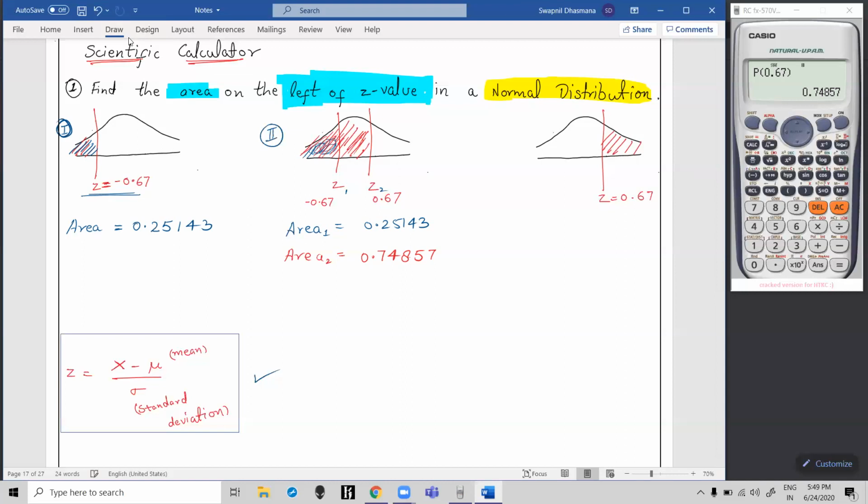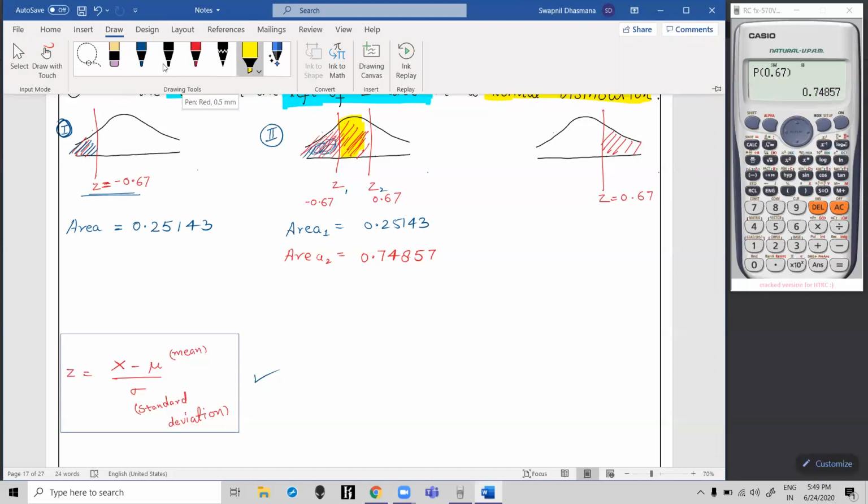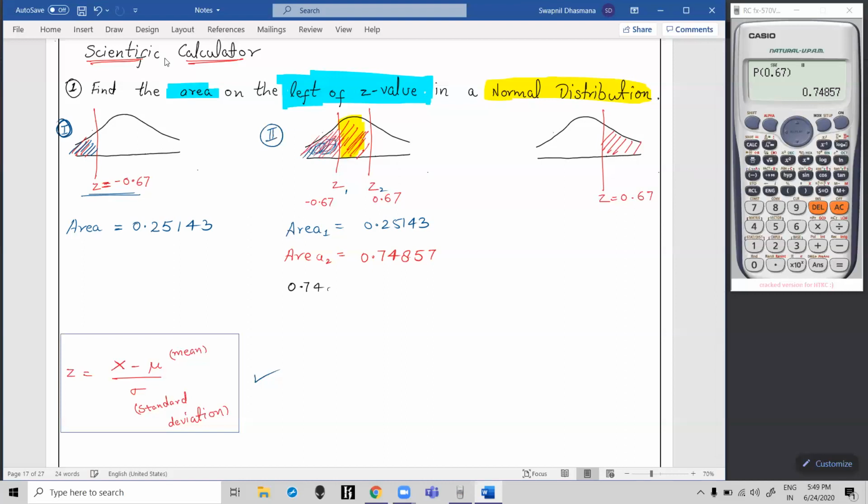What I want is only this area. To find that, I can simply subtract the smaller area from the bigger area. So it's going to be area 2 minus area 1, 0.74857 minus 0.25143.